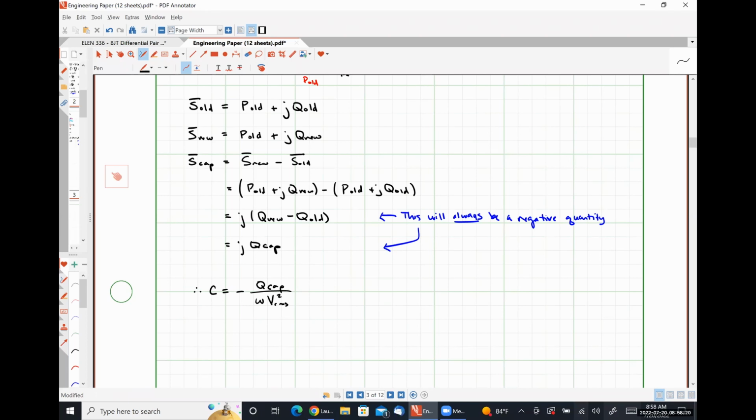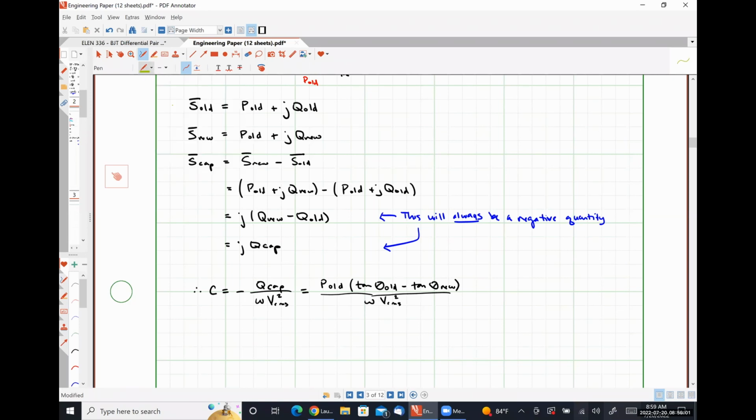Okay. That's one relationship. I would argue that it's a tedious relationship to use because we have to do a reasonable amount of work to get those quantities. A slightly better representation, in my opinion, is this one: P old multiplied by the tangent of theta old minus the tangent of theta new, divided by omega V RMS squared.